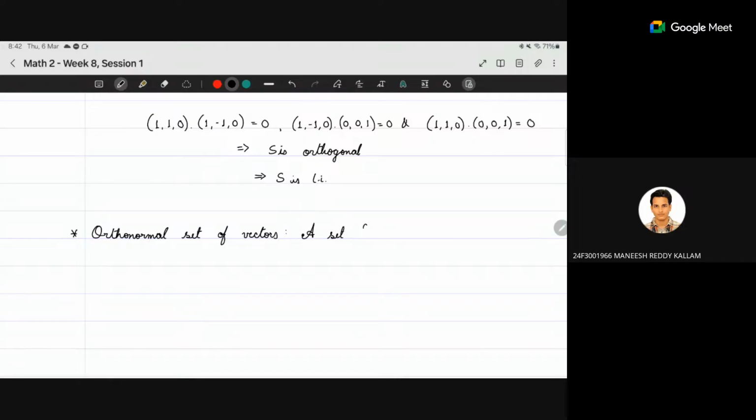A set V1 up to Vn, which is orthogonal, meaning mutually orthogonal. Every pair of distinct vectors are orthogonal, and the norm of Vi is equal to 1 for all i.